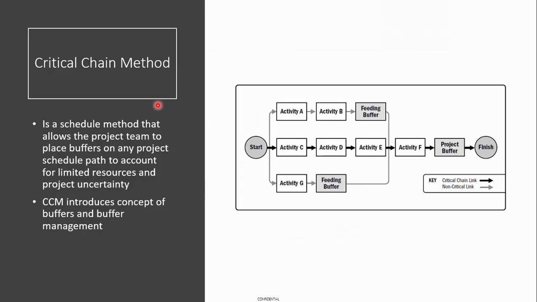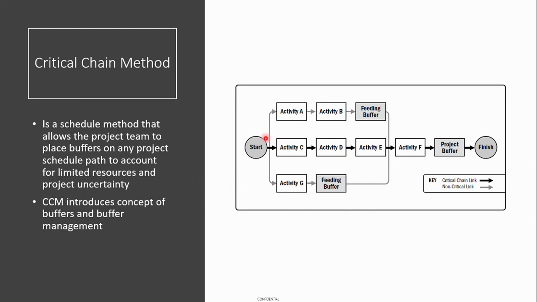The third method of developing a schedule is the critical chain method. In this method, it is a scheduling method that allows the project team to place buffers on any project schedule path to account for the limited resources and the project uncertainty.